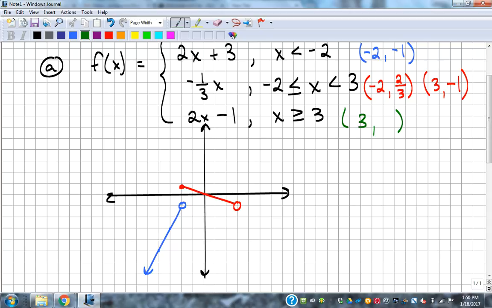Now, what's the y value that goes with that? 5. Okay. 3 times 2 is 6. Minus 1 is 5. So is that point included or not? Yes. So it's going to be what kind of dot or circle? Closed. Yeah. Filled in. So we're going to go to 3, 5. 1, 2, 3. 1, 2, 3, 4, 5. I'm going to put a filled in circle there or dot.